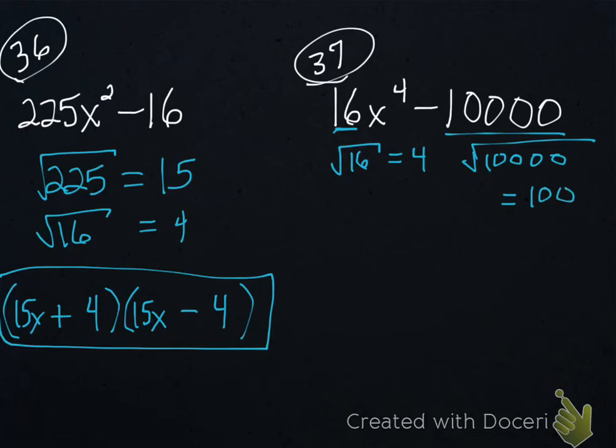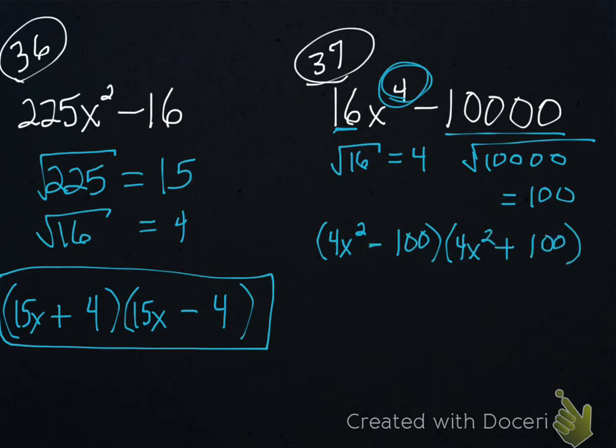So we can write our difference of two squares. I'm going to have 4, but remember this is x to the 4th, so it becomes x squared with 100 at the end. 4x squared at the beginning, 100 at the end. We have opposite signs, 1 plus and 1 minus.